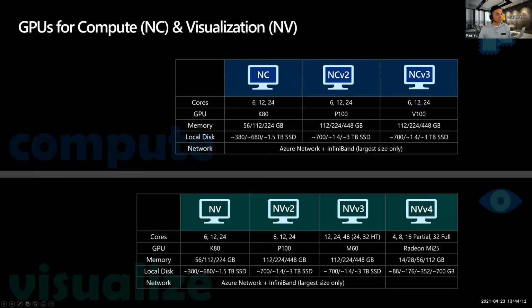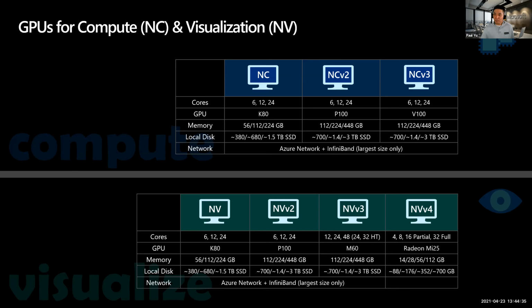Just a couple quick facts here. I'm not going to sit on this one too long, but these are just generally what they would be capable of. So in terms of an NCv3, you get a V100 NVIDIA card on that. And like I said, they all come with the Azure network and InfiniBand included with that.